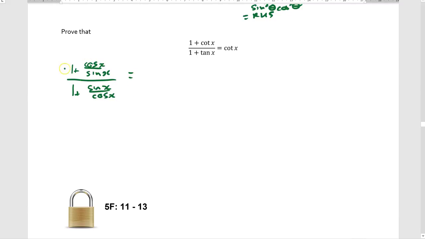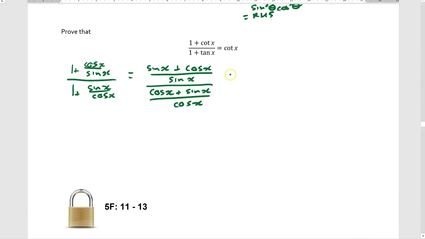Then we're really working with fractions here, so let's put all of those over a common denominator. So that will be sine x plus cos x over sine x, and cos x plus sine x all over cos x.